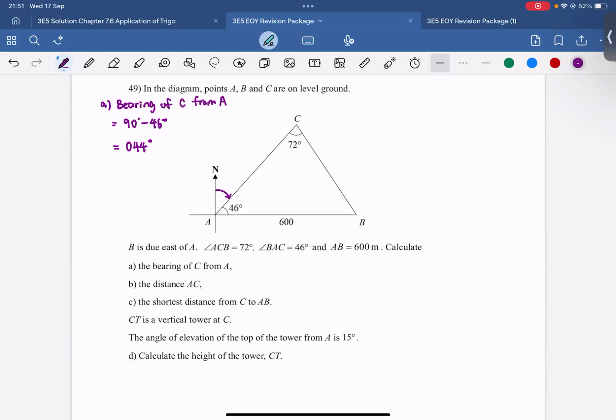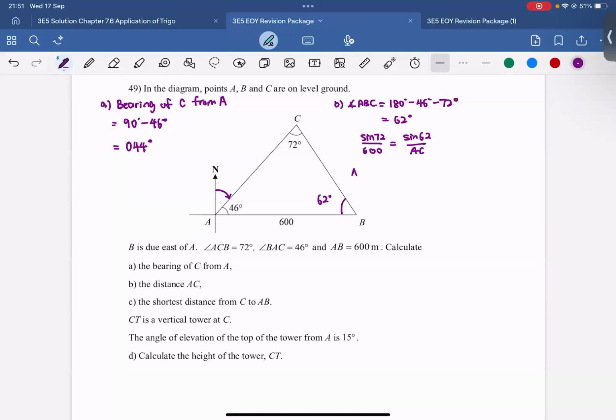Next, find the distance AC. So quite clearly we use sine rule. But before that we need to find our angle A, which is 180 minus 46 minus 72, 118? So 62 degree. So we know this is 62 degree. Now we apply our sine rule to find our AC. So sine 72 over 600 equals to sine 62 over AC.